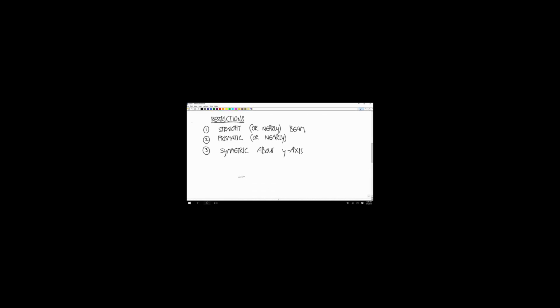So we can do beams with a cross section like this. But we can't do ones like this. Can you believe it? This one's okay.